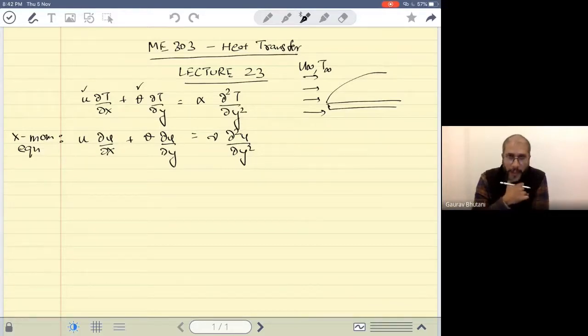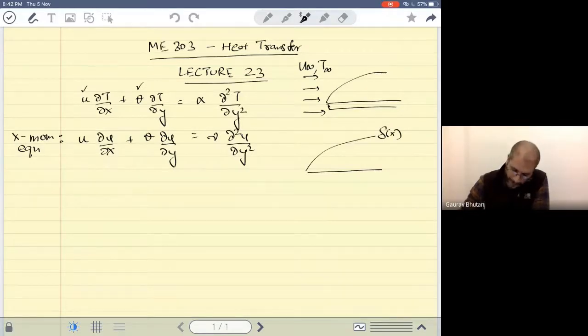Now in this case, what the similarity idea said was that if this is my velocity boundary layer, then at different x positions, so let's take two different x positions. So this is u infinity, and then of course we have the no slip condition on the surface.